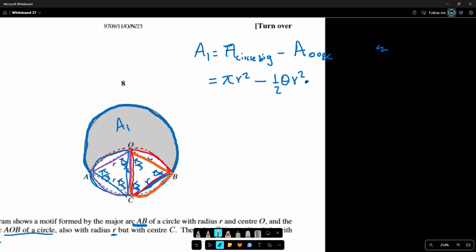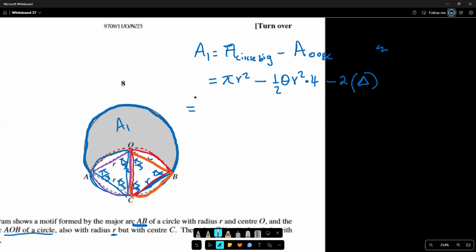But because I have four sectors that are the same, I'll multiply by 4, right? Then remember I said I need to minus the area of this triangle because the red and the orange are both including it. When you come here and when you go there, and also this one, I need to take it out because they are double counted and they are exactly the same in length. So we also need to minus 2 times the area of the triangle, which we are going to find using the area rule. Awesome. Now we are sorted.